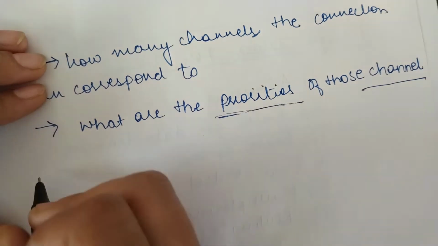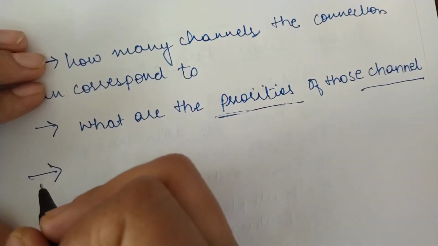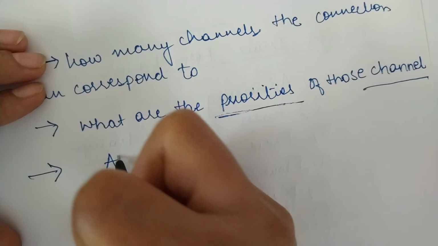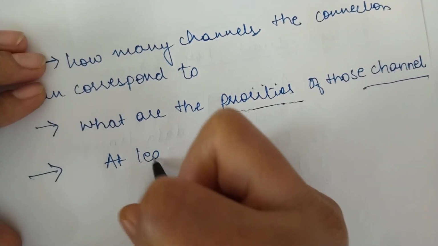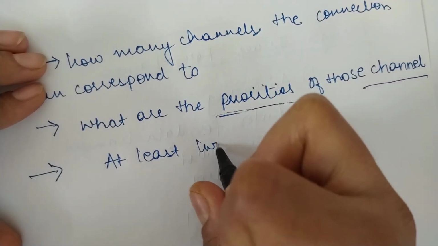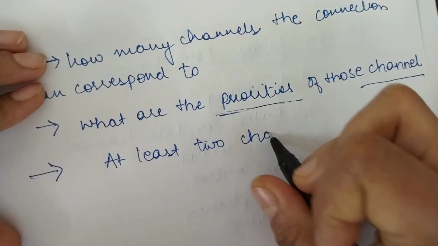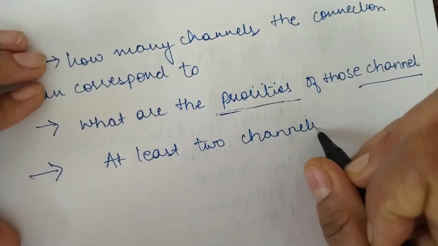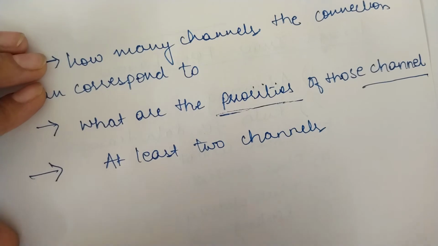Now, in most of the cases, many networks provide at least 2 channels. At least means minimum: in most of the networks, there are at least 2 channels provided with each connection, right?